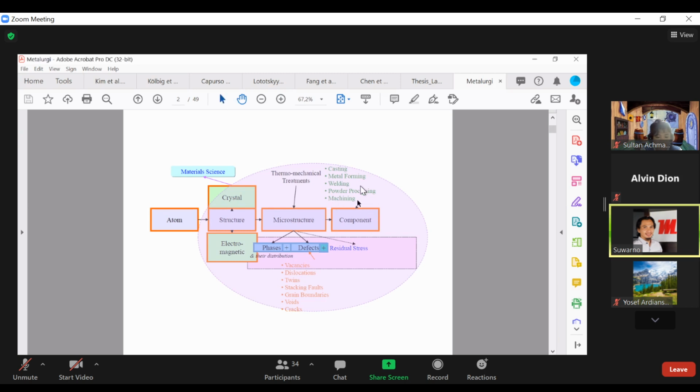But it is not always the case. Sometimes you cannot cut the sample or the component, and then you should do non-destructive testing. Non-destructive means you do not destroy the sample or the component.